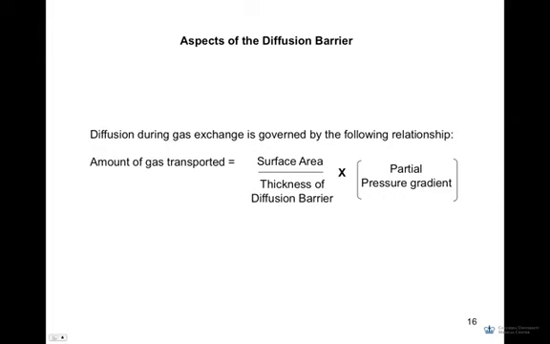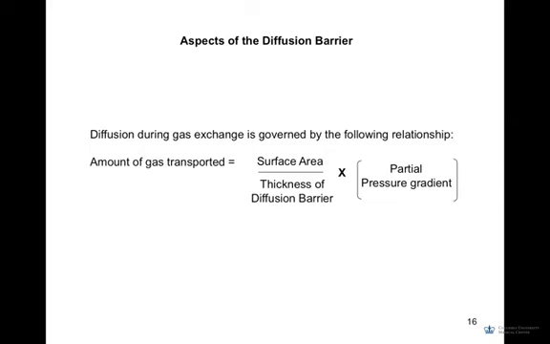The surface area available for diffusion, as that increases, the amount of gas that's exchanged increases. The size of the partial pressure gradient, which as that increases, also gas exchange increases. And then the thickness of the diffusion barrier is, as that increases, that actually causes the amount of gas exchange to be reduced.